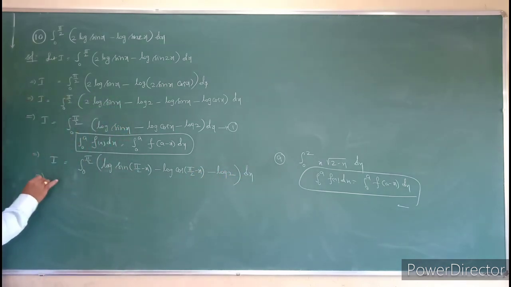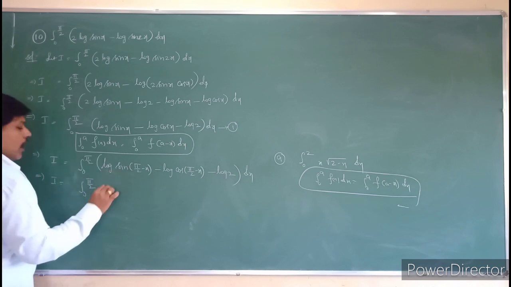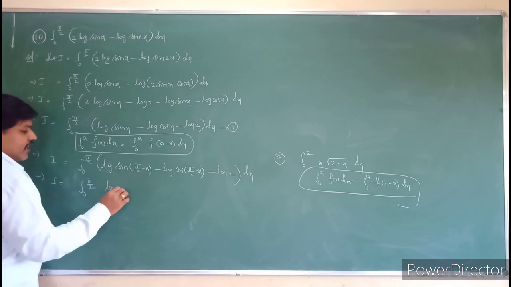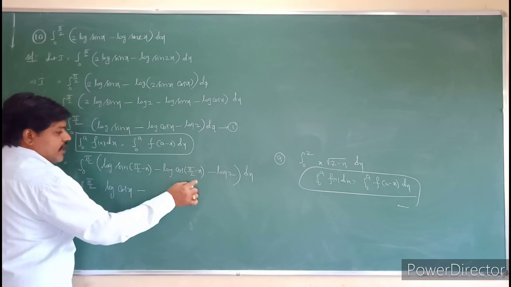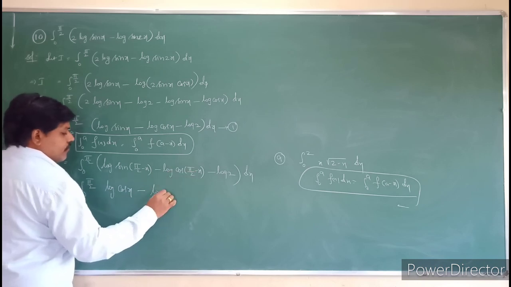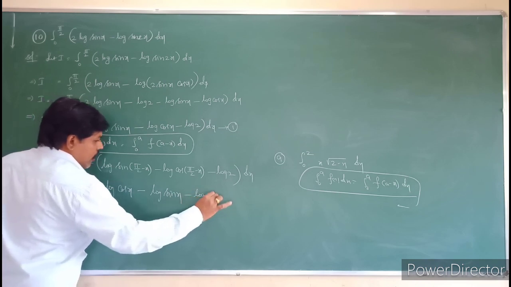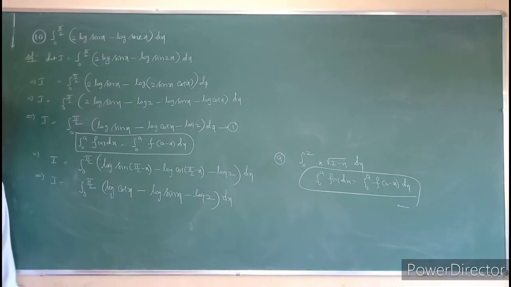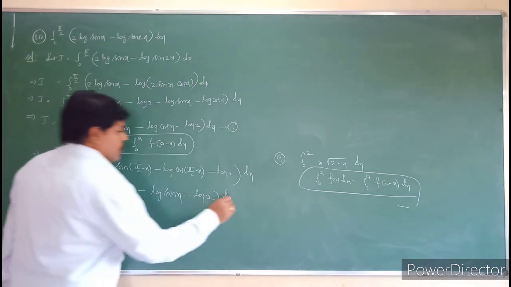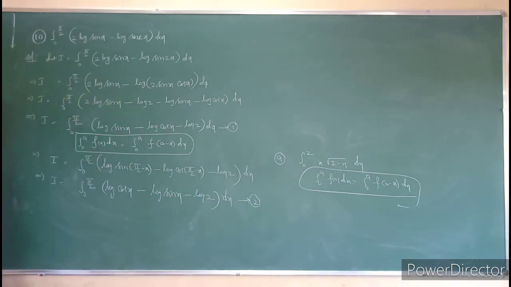So I is equal to integral 0 to pi by 2 of log of cos x, since sin of 90 minus theta is cos x and cos of 90 minus theta is sin x, minus log of sin x minus log 2 into dx. So take this as equation number 2.